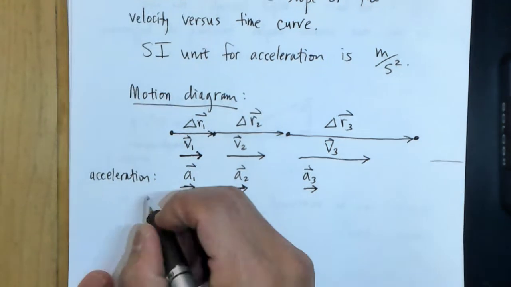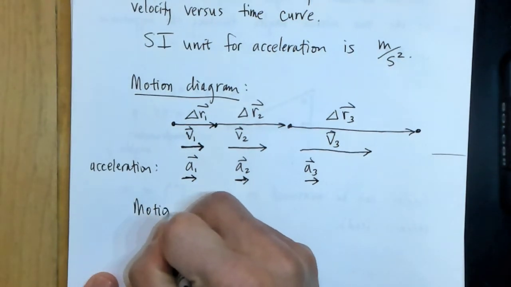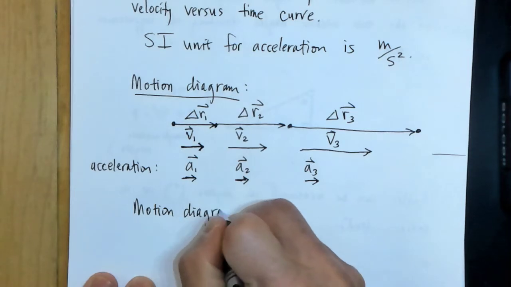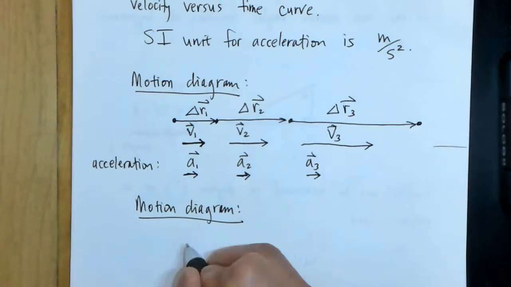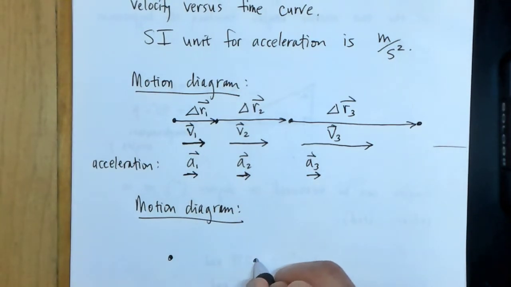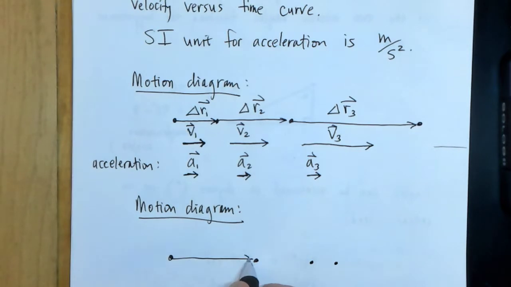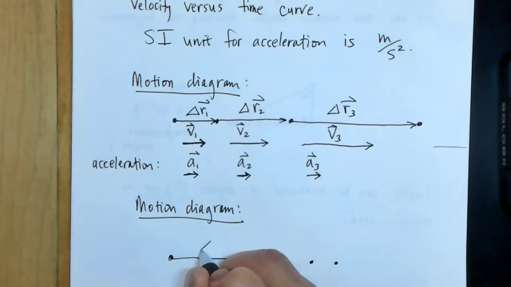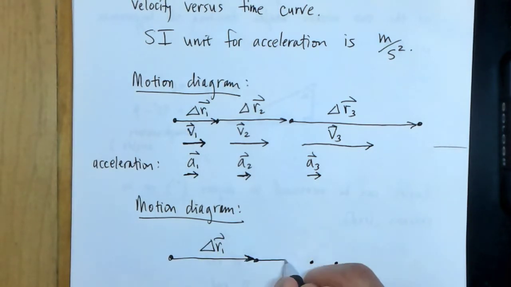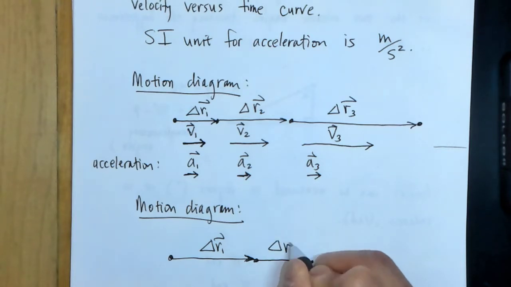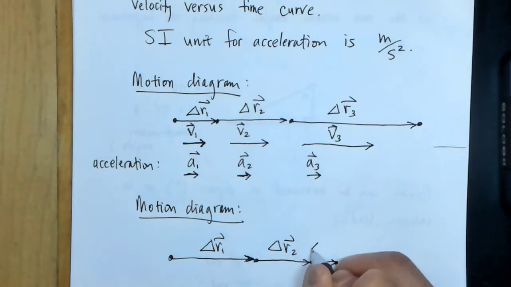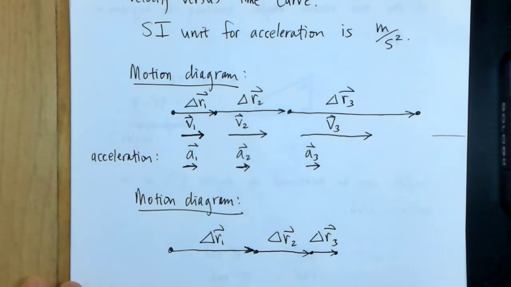Let's suppose I have a motion diagram that looks more like this. I have delta R1, delta R2, delta R3.